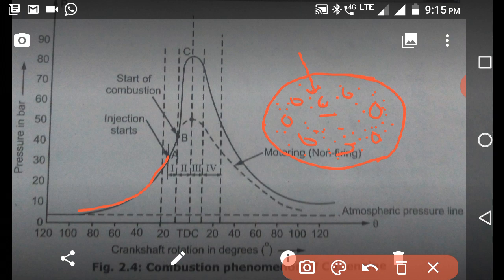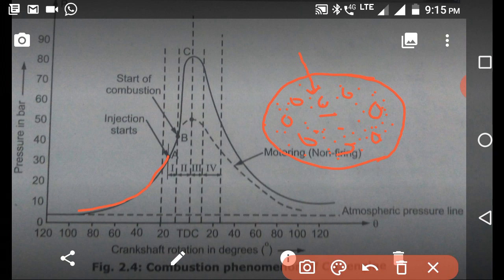First the air transfers heat to the molecule, and the molecule gets evaporated. As the evaporation happens, there is a slight reduction in air temperature, and after that the fuel molecule attains the self ignition temperature. The time required to start the actual burning of the mixture, after injection of the first fuel droplet into the combustion chamber, is what we call the ignition delay period.